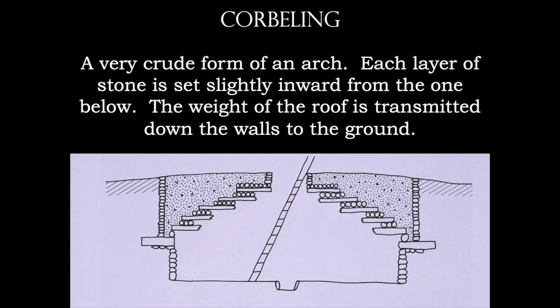Corbelling is a very crude form of an arch. As we saw in the previous image, each layer of the stone is set slightly inward from the one below. The weight of the roof is transmitted down the walls to the ground. So basically what you're doing is creating a fairly large uninterrupted space, usually around 20 feet in diameter. The largest corbelled structure in the world is about 45 feet in diameter.